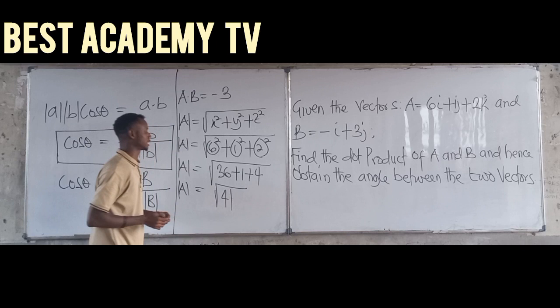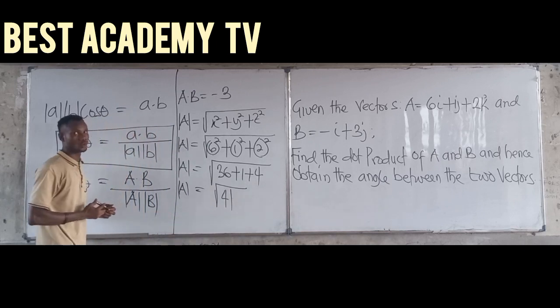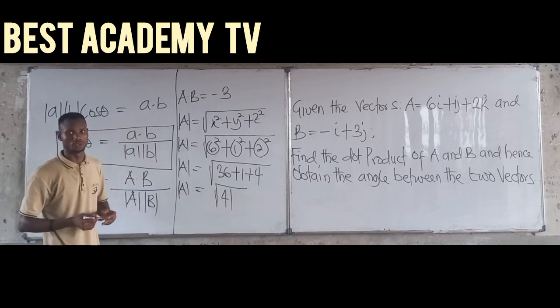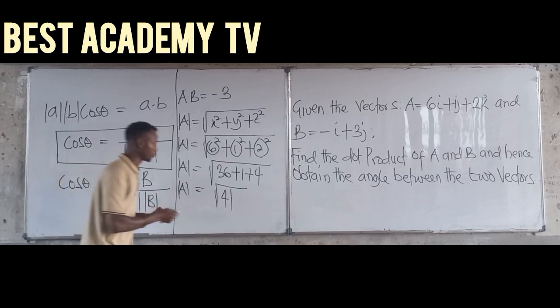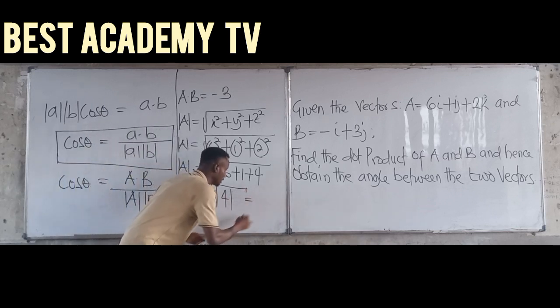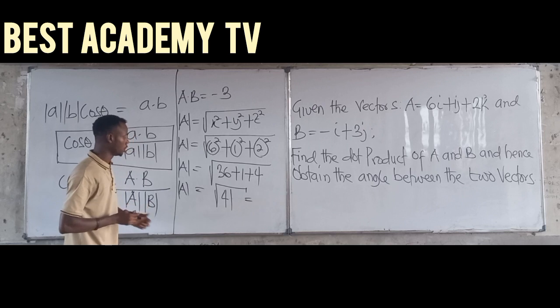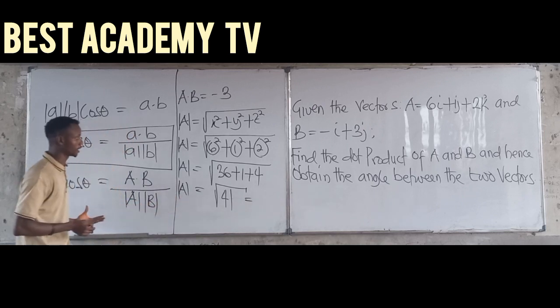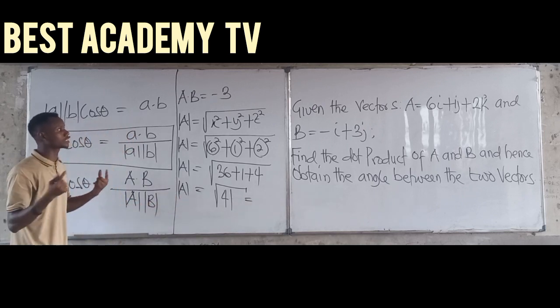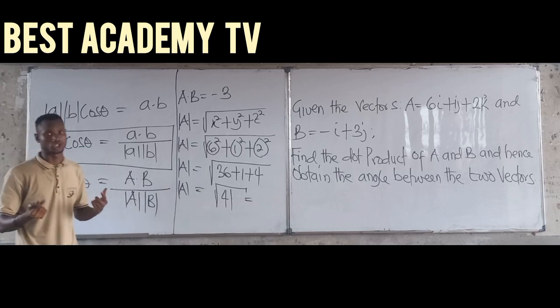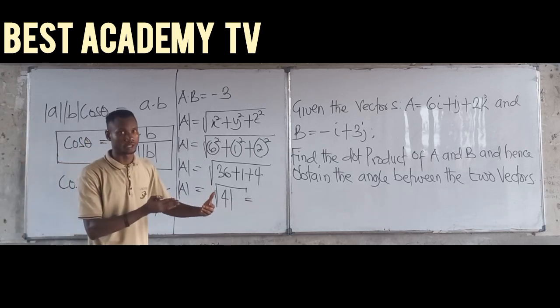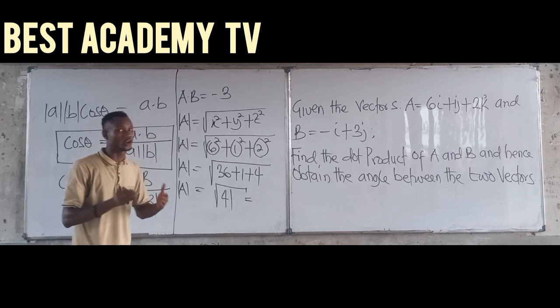So let's put this in decimal point. Square root of 41 is going to be 6.4. Please let's approximate this to 4 decimal places because we are going to use the value to solve for a particular stuff here. Whenever we are solving a particular question and it comes into decimal point, we always approximate that to 4 decimal places.